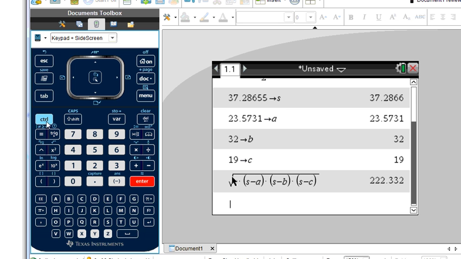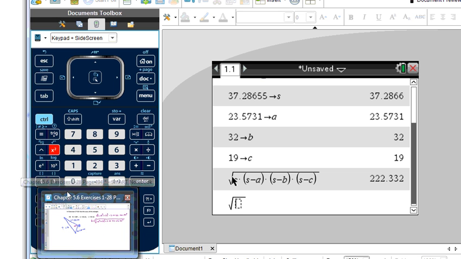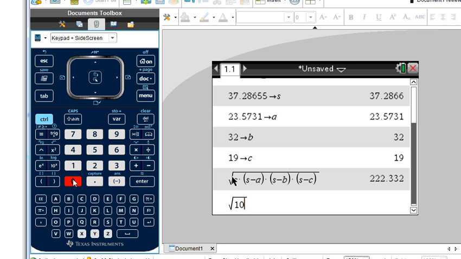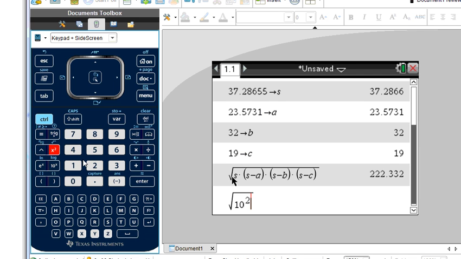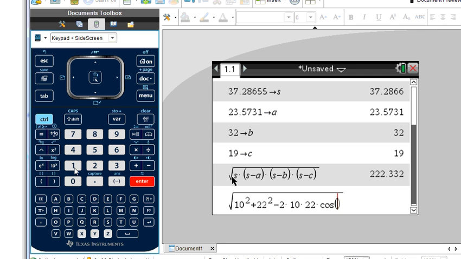Take the square root of, let's see, it's 10 squared, I believe. 10 squared plus 22 squared minus 2 times 10 times 22 times the cosine of 101 degrees.